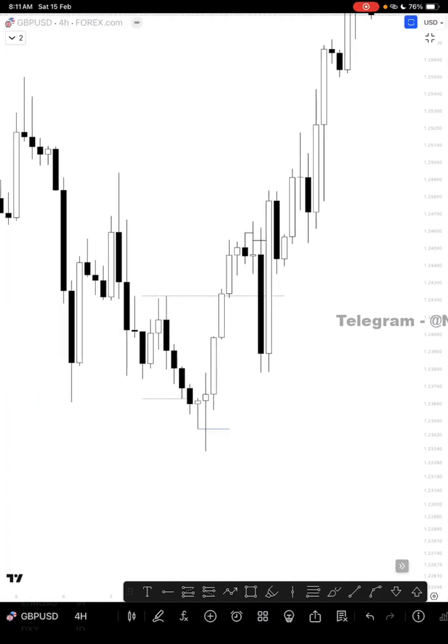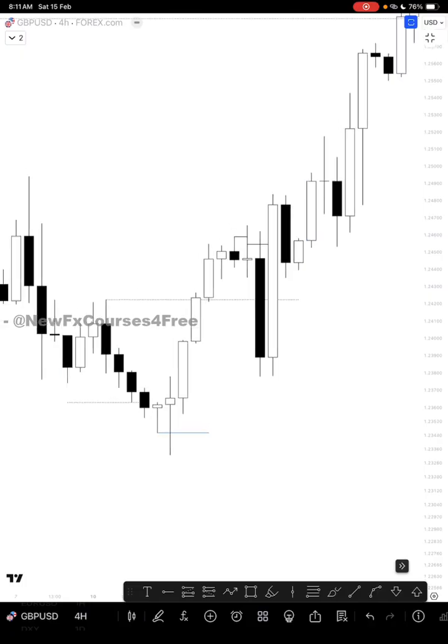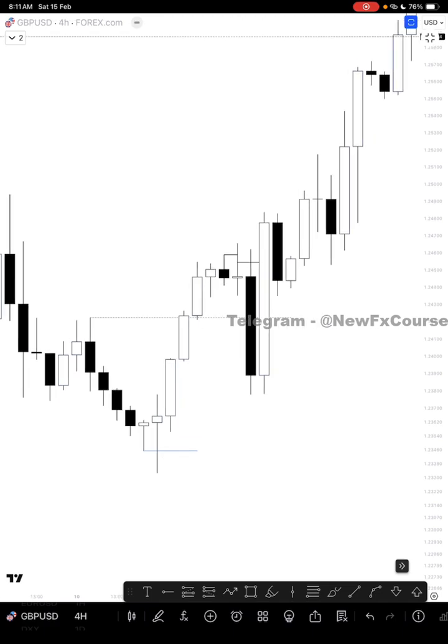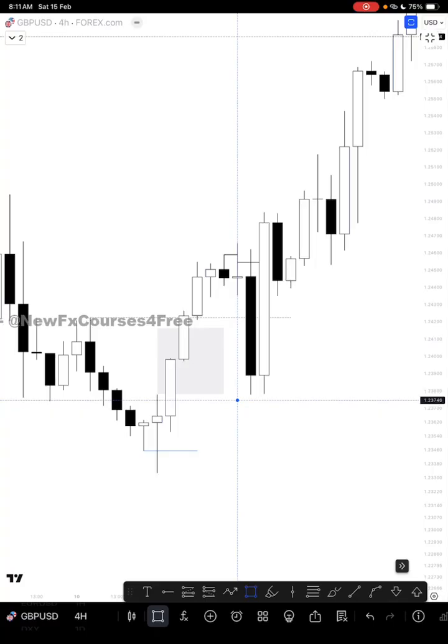and going into the 4 hour time frame, there's actually a breakout block. So the market actually rebalanced this imbalance and balanced this liquidity void over here. This is the imbalance here.